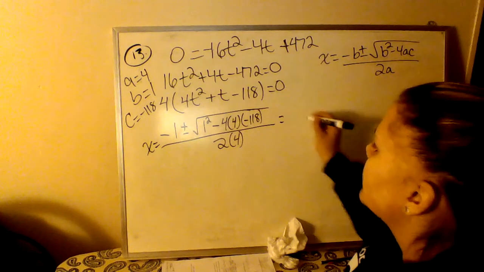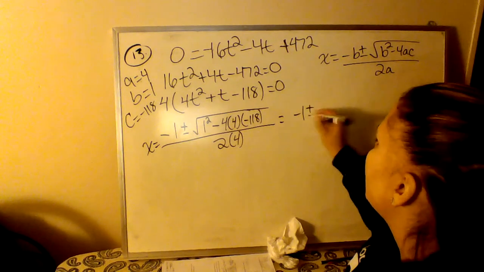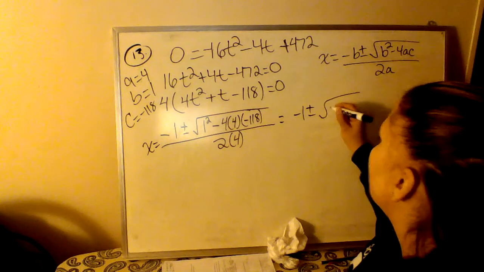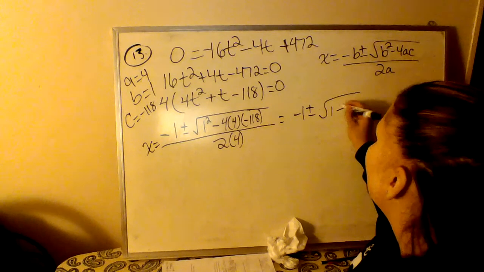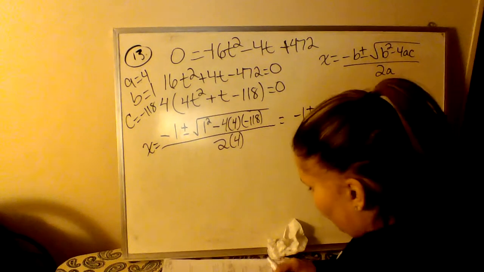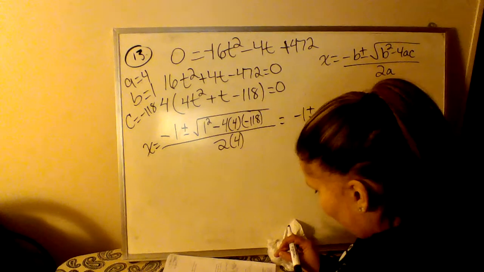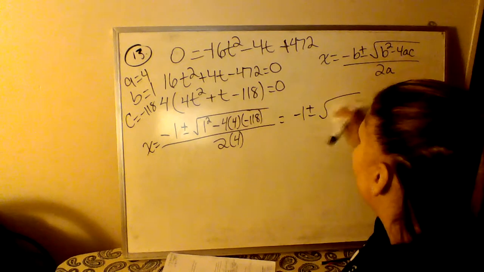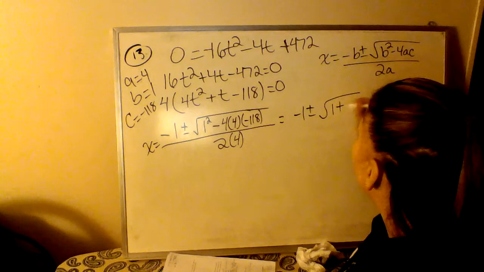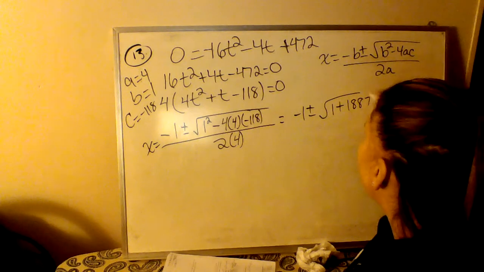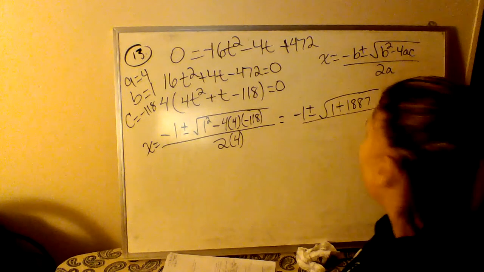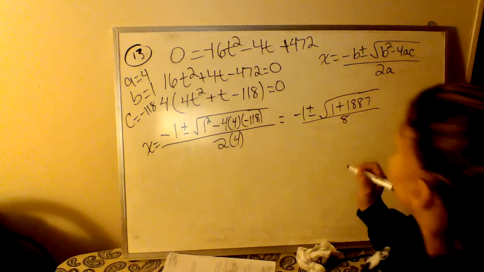So when I do this out, it's negative 1 plus minus the square root of 1 plus 1887, divided by 8.